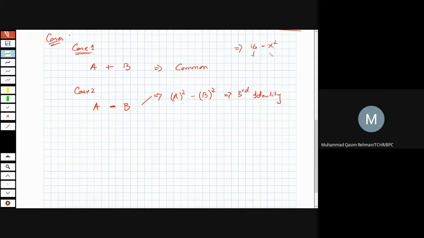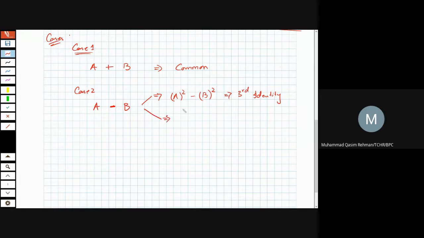So I will check if I can write down each term as a square of something. 16 is a square of 4 and x squared is a square of x. So I am able to write down each term as a square of something. Whenever I have a squared minus b squared, the factors are a plus b times a minus b. So this is how you will be factorizing. We'll be doing these examples later on. I'll be practicing a few questions with you while you have all the cases in front of you.